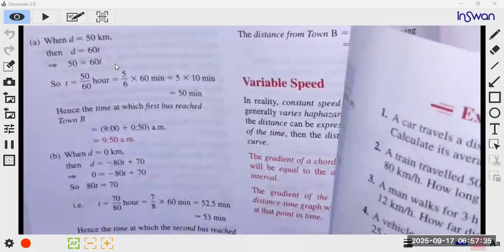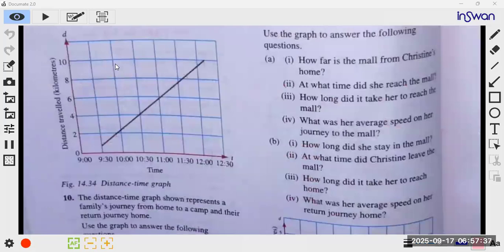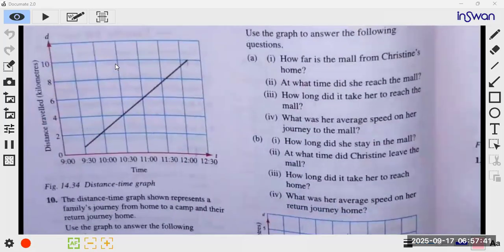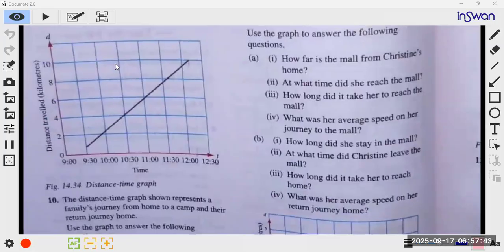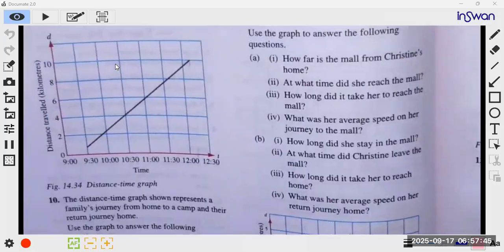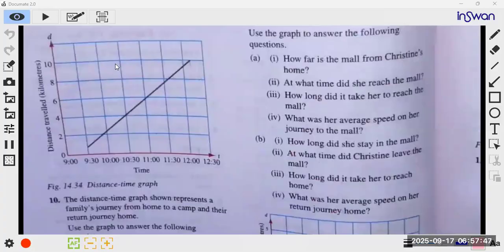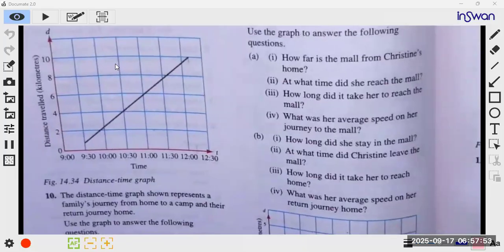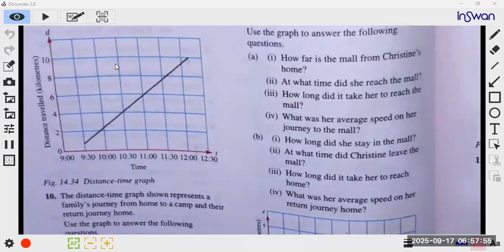What length of time did the journey take? What length of time? So the length of time will be from 9:30 to 12:15.